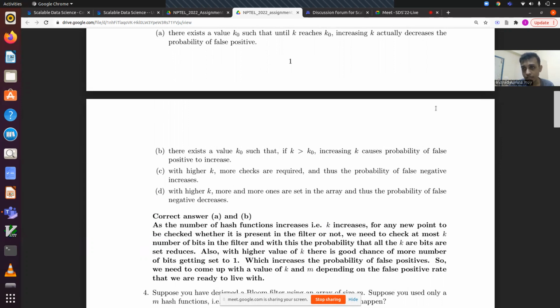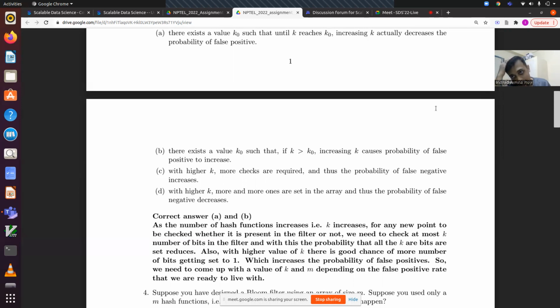Some other number comes and sets only one bit, and if the same bit matches, then there's a false positive, because the second number was not actually inserted into the Bloom filter, but it will still give positive. Now, if you have two hash functions, then there are two places where these have to match.